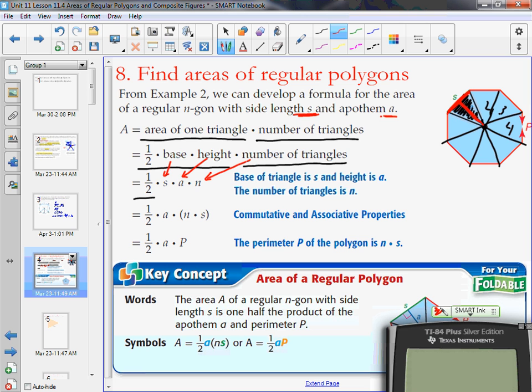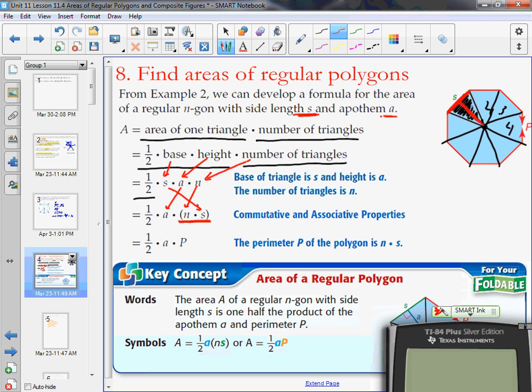Now, they reshuffle. And they move that there, that there, that there. All right, so all they did was reorder it, and we know that when we're multiplying, we can put them in any order we want to. Here's why they did that. N times S. The number of sides times the length of a side.